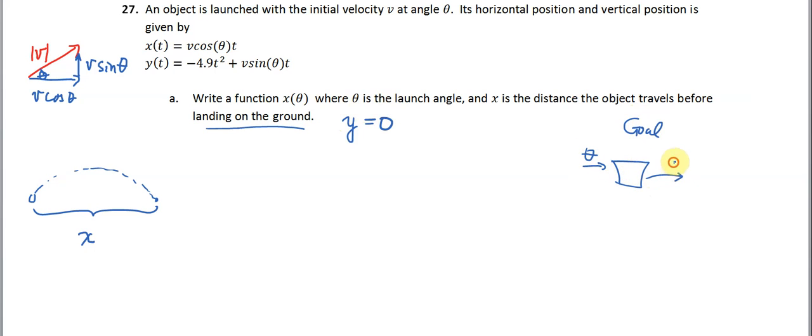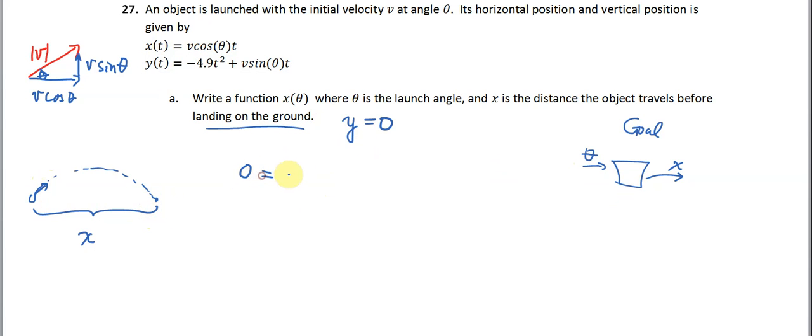In other words, we're saying if you can tell me what angle I launch this at, then I can tell you how far it's going to travel before it hits the ground. Okay? But to get to this point, we have to work with x and y. So first we know that the ground has a height of 0, so y is equal to 0.